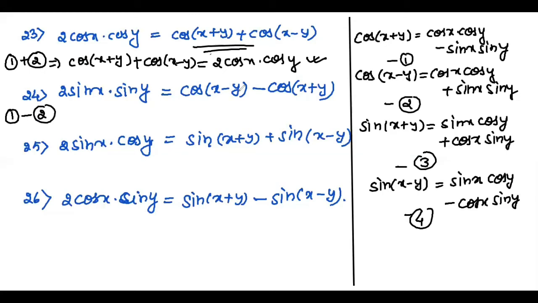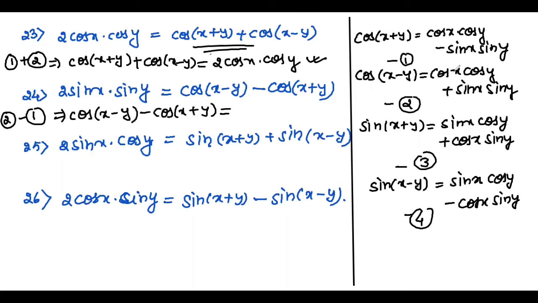Here cos of x minus y and here cos of x plus y, on the right hand side. So we write cos of x minus y minus cos of x plus y.